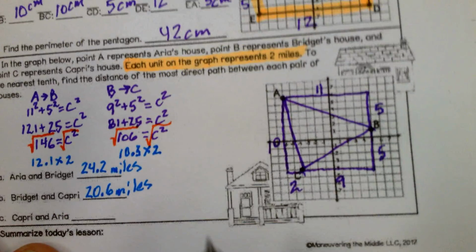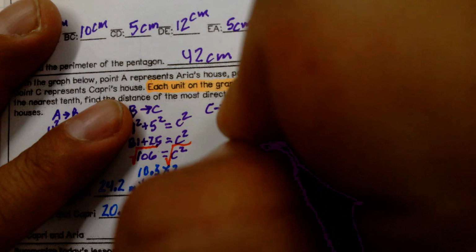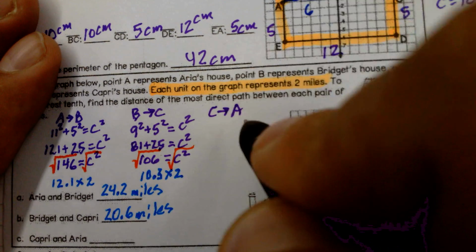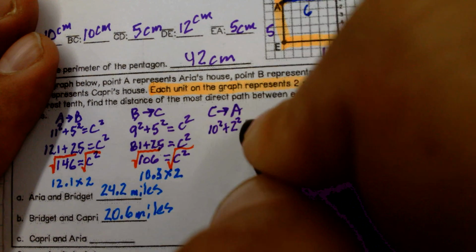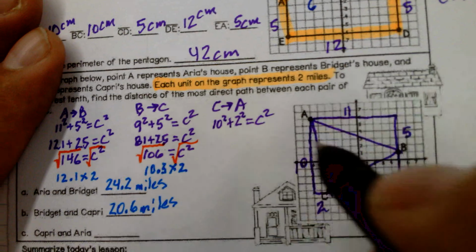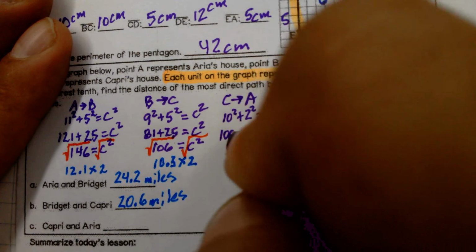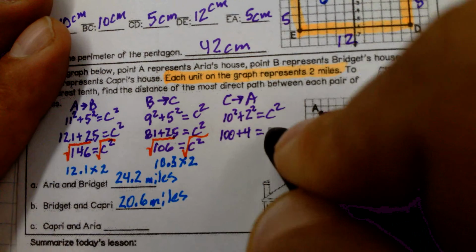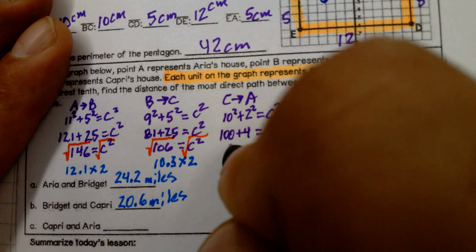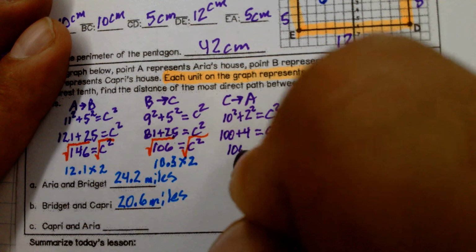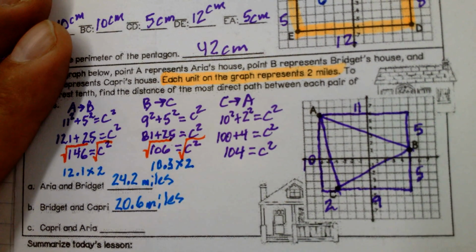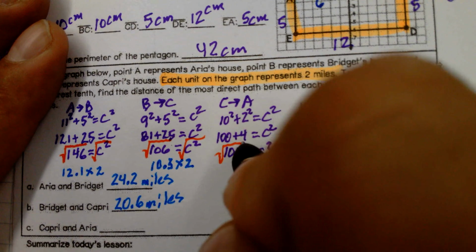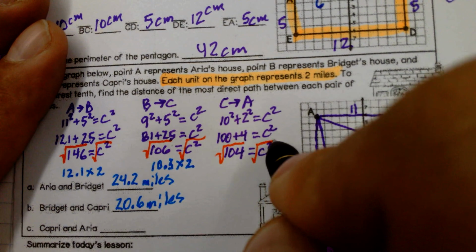So 2 and 10. And that's Capri to Aria's house. So let's do 10 squared plus 2 squared equals c squared. 100 plus 4 equals c squared, so 104. And we want the square root of 104, which is just a little over 10.